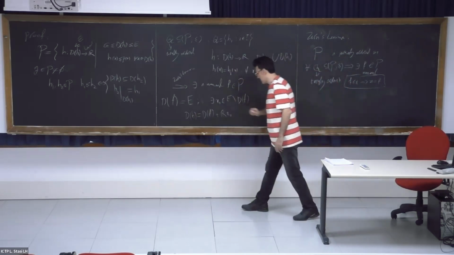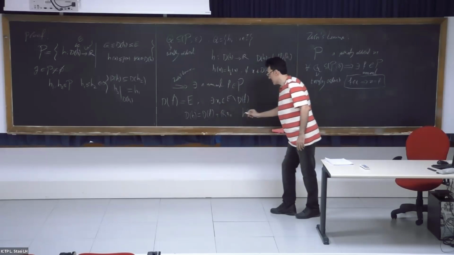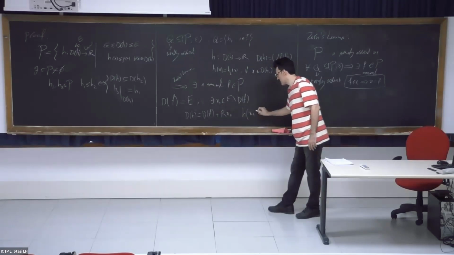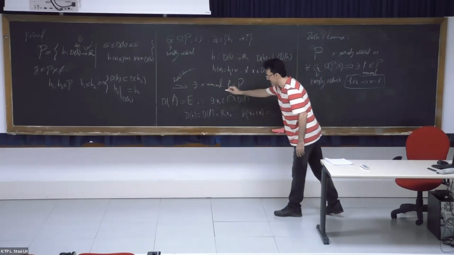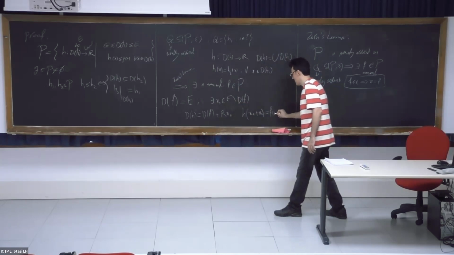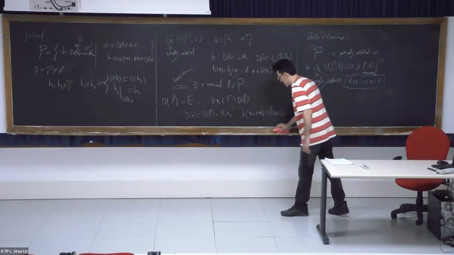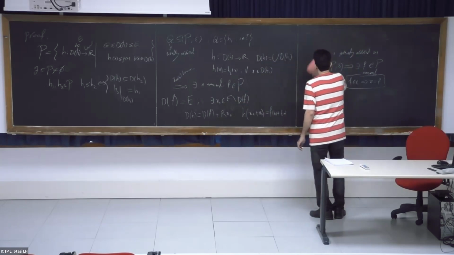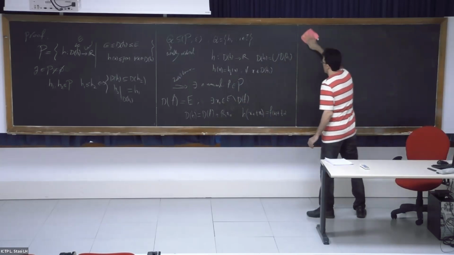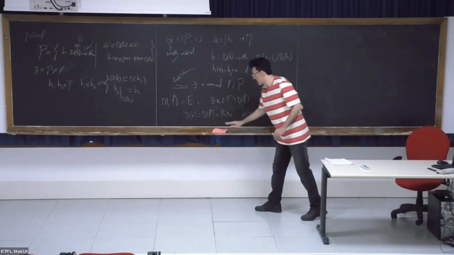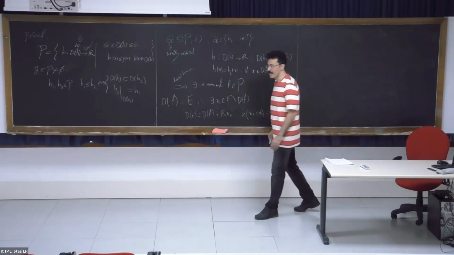So the domain is like this, and we define H over the element x plus t x0 to be exactly f of x plus t alpha. You may be wondering what alpha is.